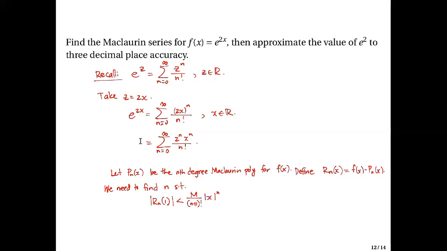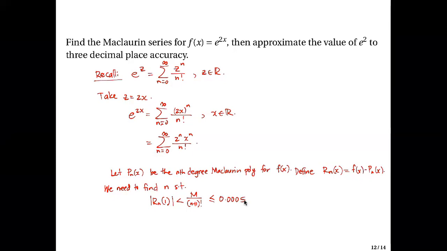But by the way, here your x is equal to 1, so this one is no longer present. And we want this to be less than or equal to 0.0005 because we want 3 decimal place of accuracy. So 3 zeros and then the 5 here.